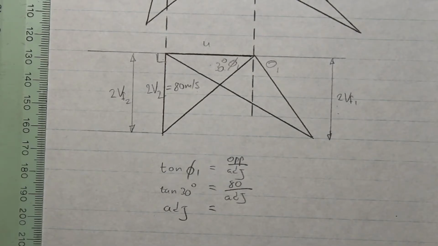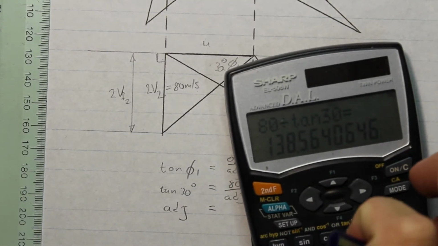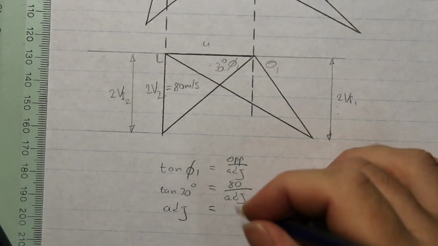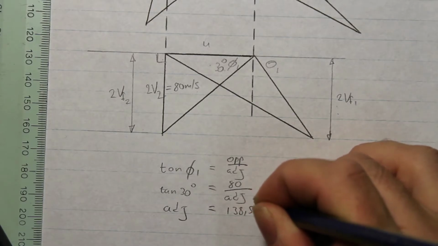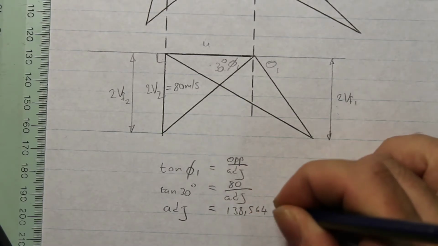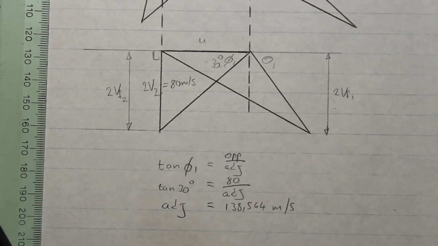So what we do is we're just going to say 80 divided by tan 30, and there we have it. 138,564. So that's going to give us 138,564 meters per second.